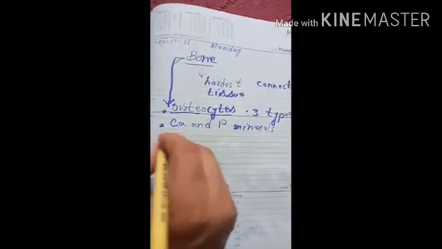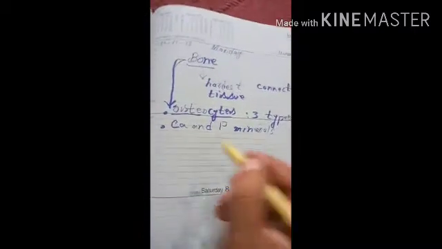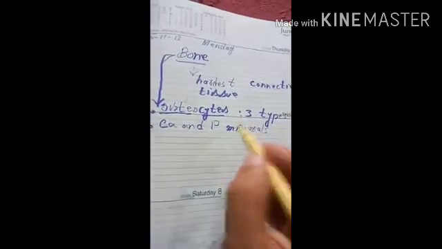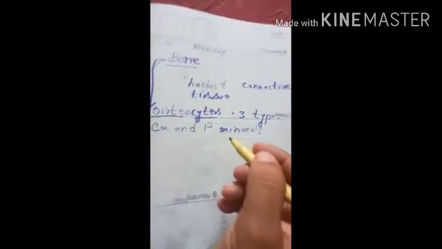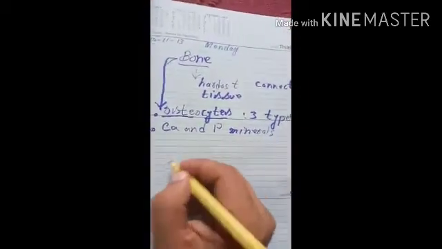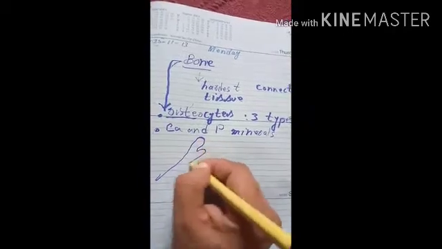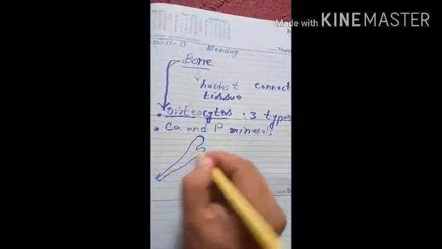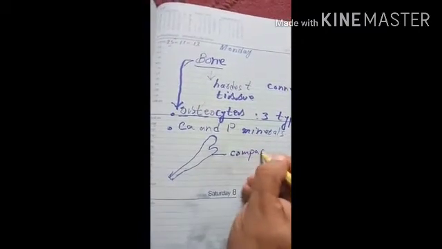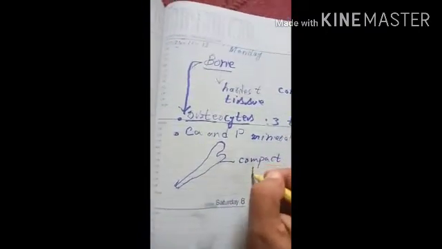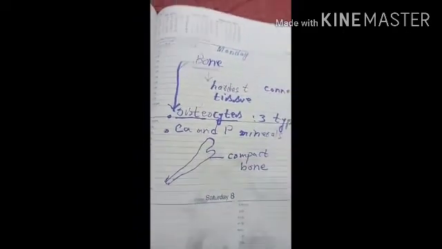So there will be fewer empty spaces when there is more calcium and phosphorus stored in the bone. When we look at the structure of the bone, when we take a bone in our hand, the outer part of the bone is hard and it is called compact bone. The outer harder bone is called compact bone.